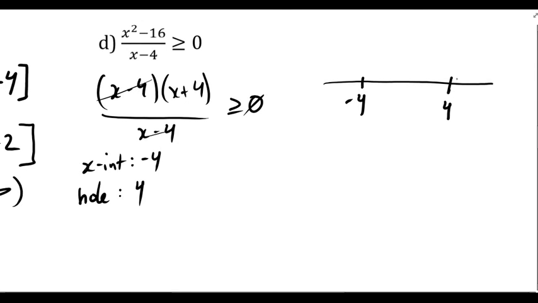And then 4, and I'm going to mark it as like a hole. Like just put a circle so I know that what kind of thing that is, so that I can interpret my answer and make sense of it. So looking at this factored form, if I put in negative 10, then I get everything negative.